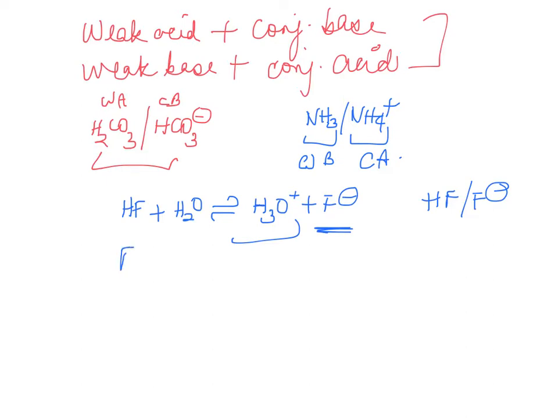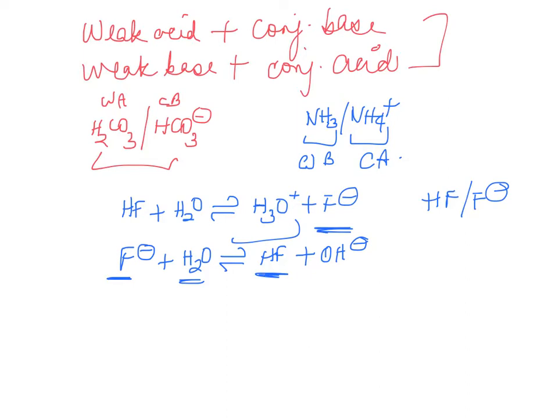Likewise, if you consider the backward reaction, fluorides generate a slightly alkaline solution. So if you put that in water, it's going to rip off a proton and give you HF and OH negative back, right? So F minus is giving you HF, but it's not sufficient.